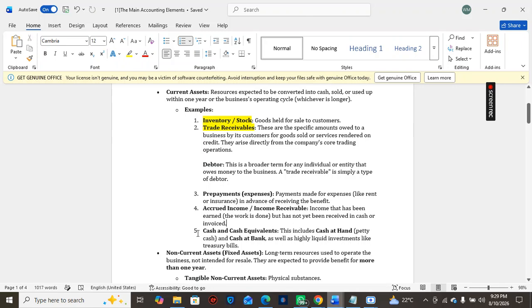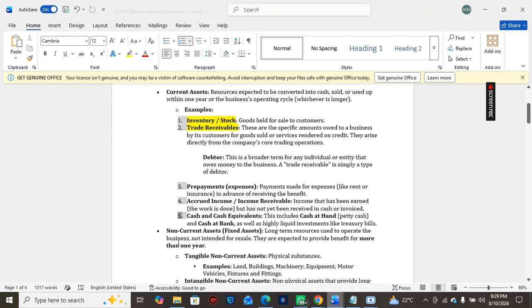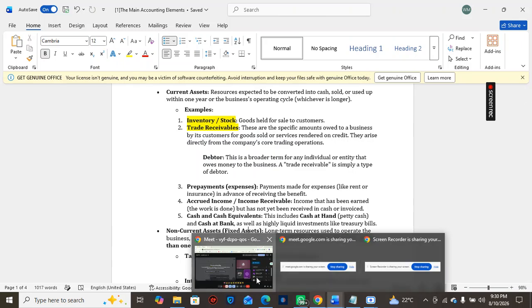Then you've got cash and cash equivalents. I already spoke about cash. Cash equivalents are short term investments that you can sell for money, like treasury bills. If the company needs money, it can sell its treasury bills and get the money. Treasury bills are just a government instrument.